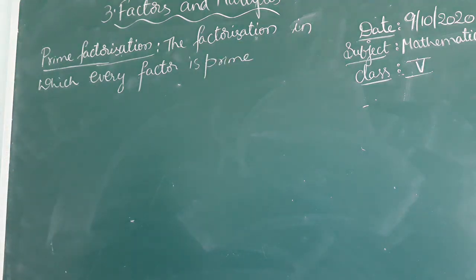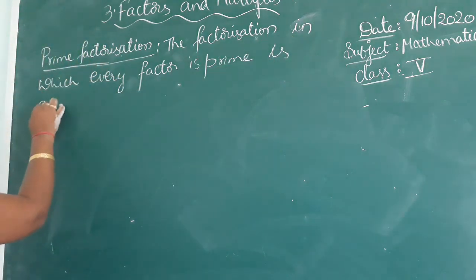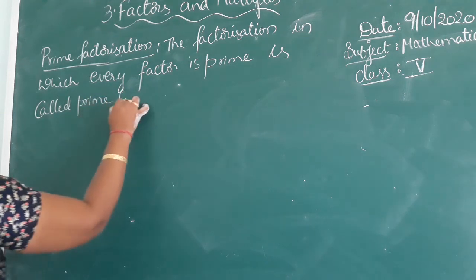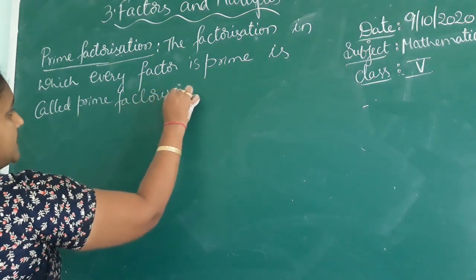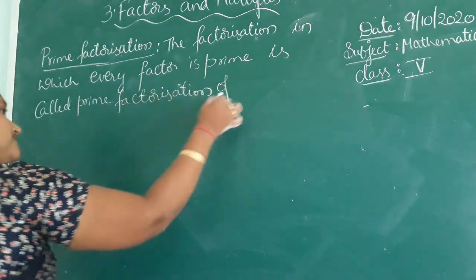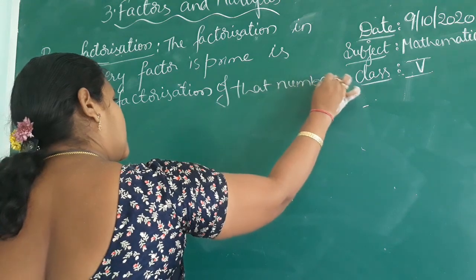The factorization in which every factor is prime is called the prime factorization of that number.